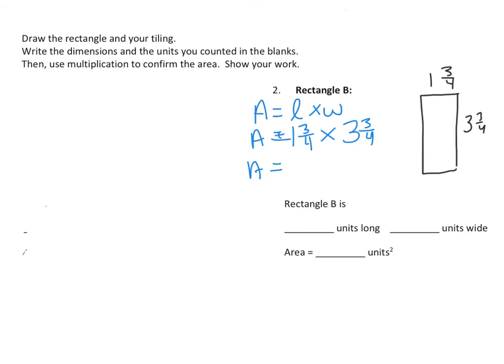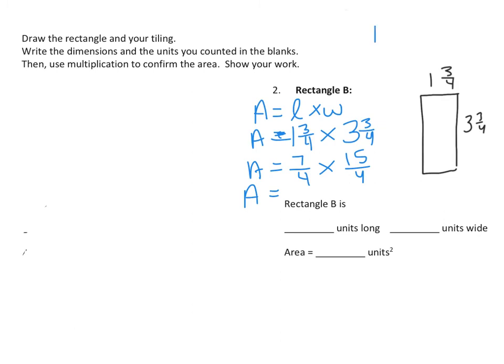So I'm going to start with whole number times denominator. 1 times 4 is 4. Add the numerator. 4 plus 3 is 7. So the length is 7/4 times whole number times denominator. 3 times 4 is 12. Add the numerator. 12 plus 3 is 15/4. Alright, A equals numerator by numerator.